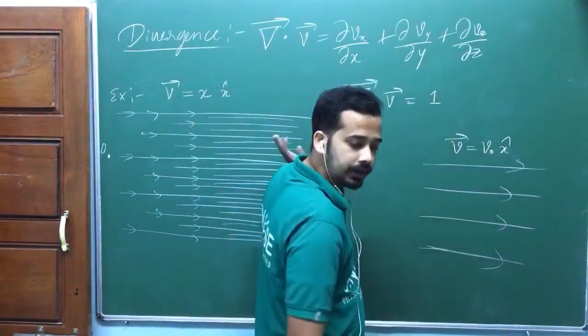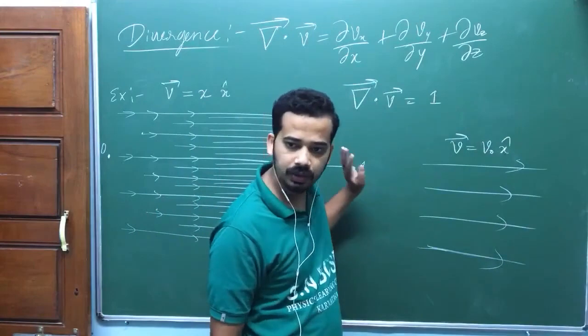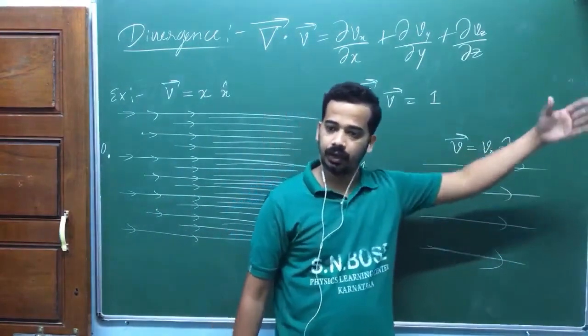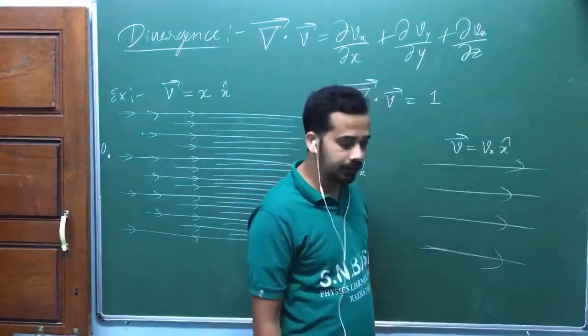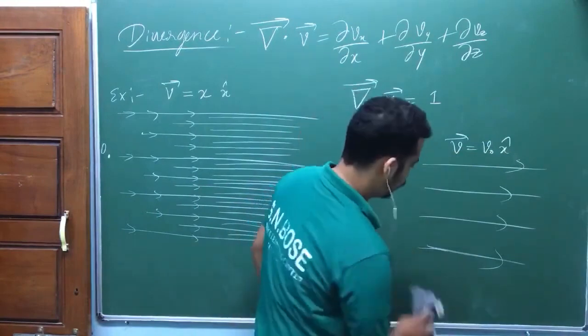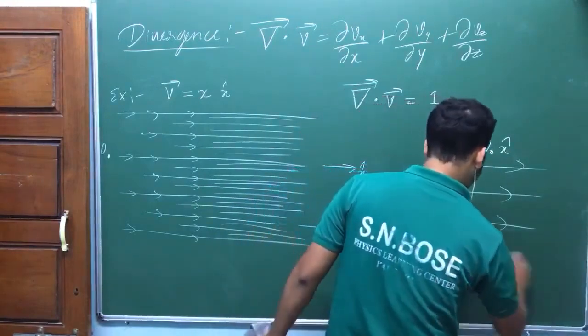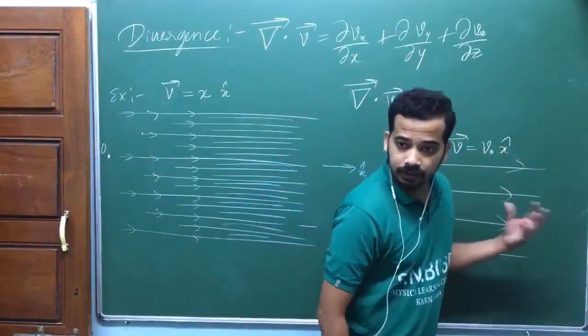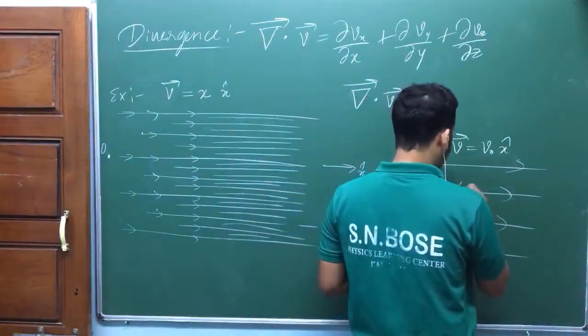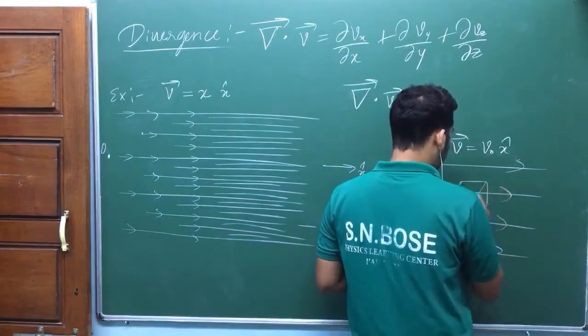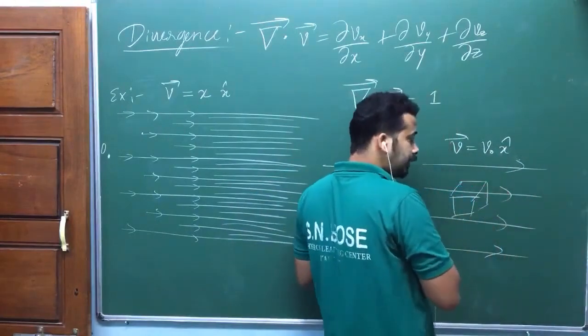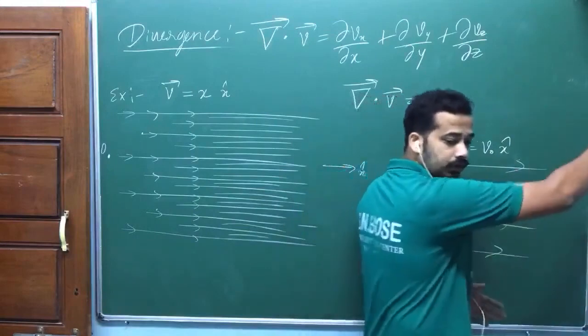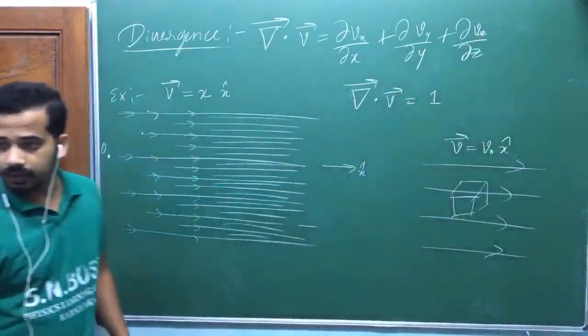This was generated by some source somewhere at minus infinity. This vector field will end at plus infinity. Is that okay? So there was no divergence, meaning there was no source of vector field here. Because there is no source, wherever you take the infinitesimal volume element, the number of field lines piercing one side of the surface is equal to the number going through the other side.